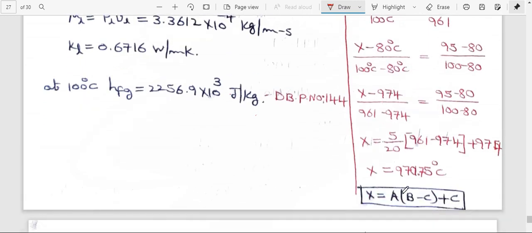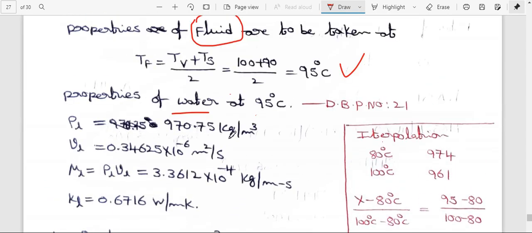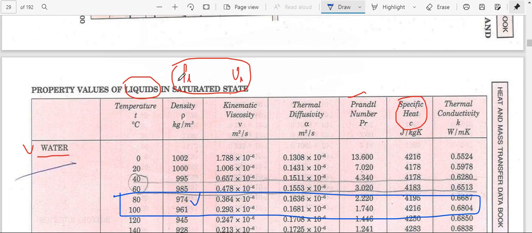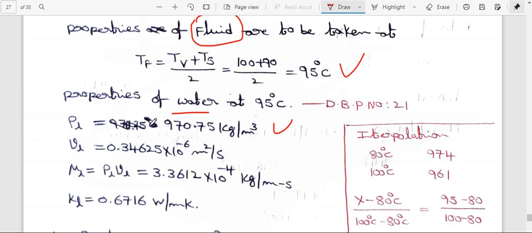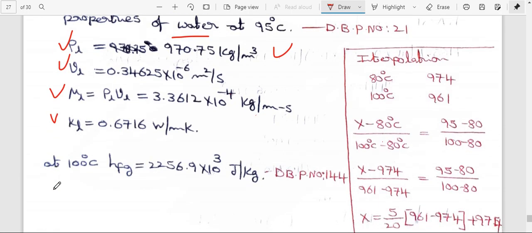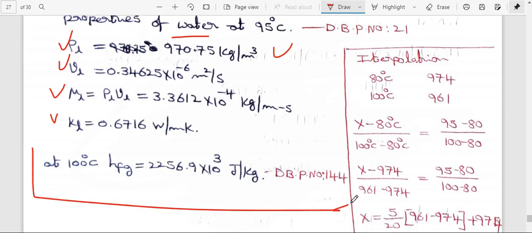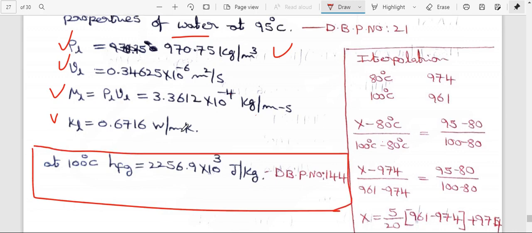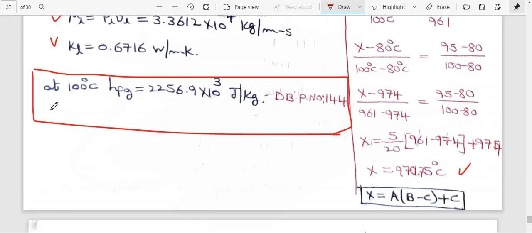After interpolating, density, kinematic viscosity, specific heat and thermal conductivity values are taken from data book page number 21. The HFG value is taken from data book page number 144.